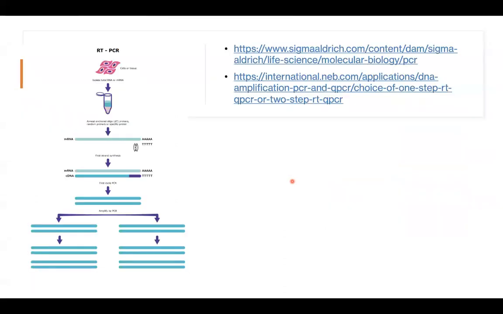Okay. So ano yung RT-PCR? So kung meron tayong polymerase chain reaction which amplifies the DNA, the RT-PCR is yung we could try to convert the total RNA or mRNA isolated in the cell or tissue to make cDNA or yung ating copy DNA.